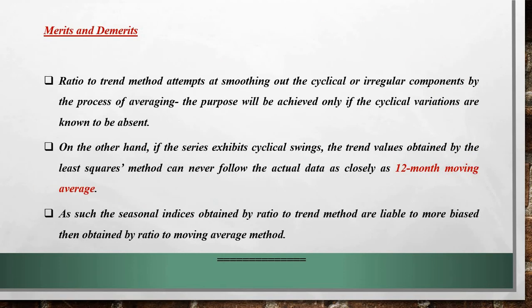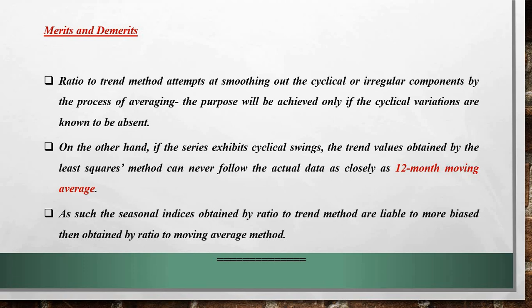The merits and demerits of the ratio to trend method are as follows. Ratio to trend method attempts at smoothing out the cyclical or irregular components by the process of averaging. The purpose will be achieved only if the cyclical variations are known to be absent.